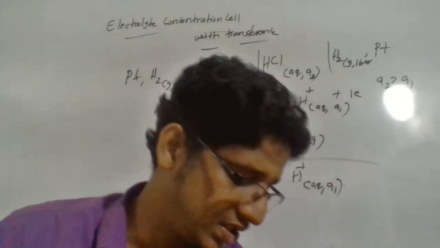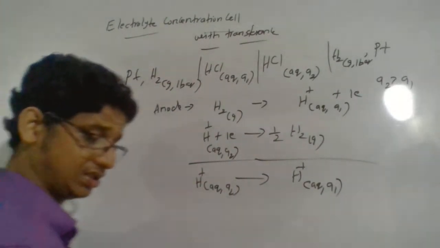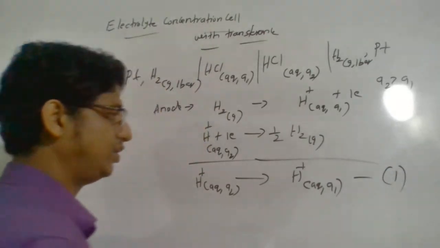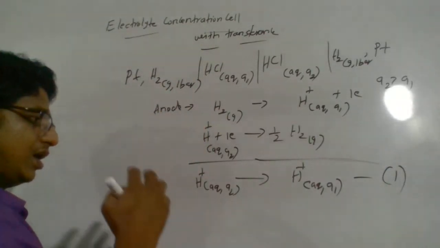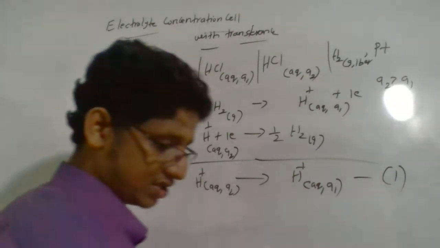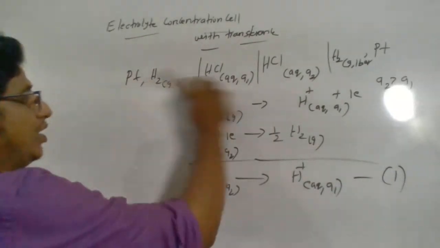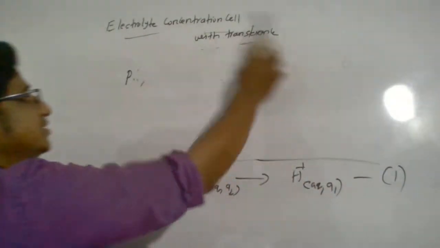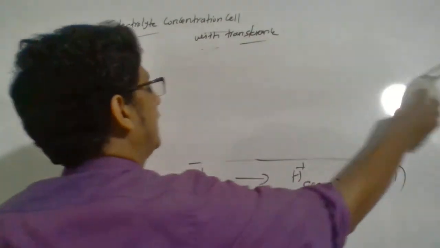So let us derive an expression for this. Keep remember this equation. Now you have to consider that now here, yes, H plus ions are moving. So let us have a calculation of how much. What is the concentration of H plus ion that is moving? Let us think in that way.